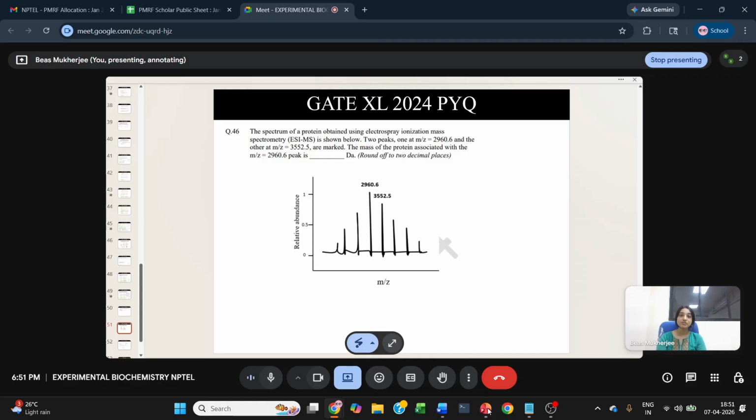The ESI-MS is shown below. 2 peaks, one at m/z equals 2960.6 and the other at m/z 3552.5 are marked. The mass of the protein associated with the m/z 2960.6 peak is dash Dalton.